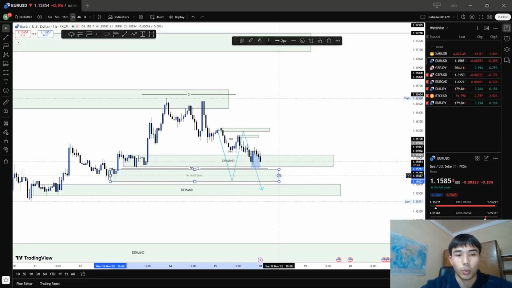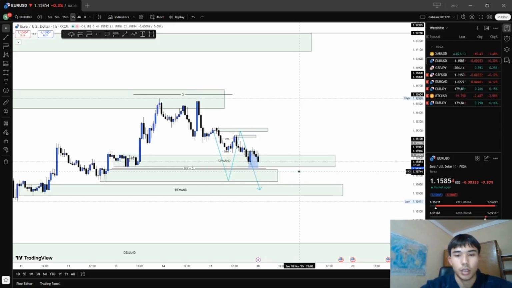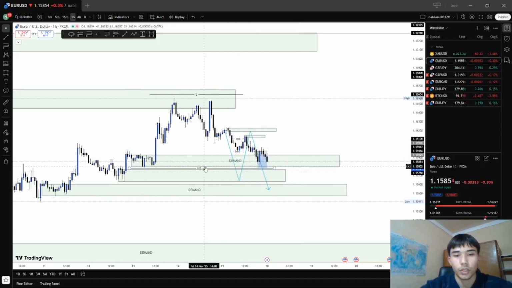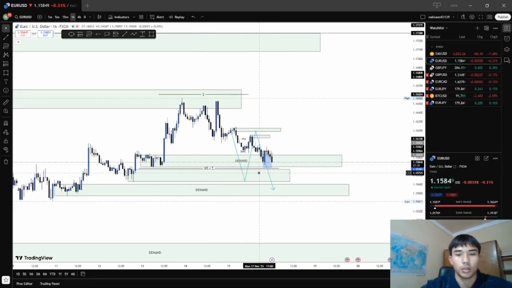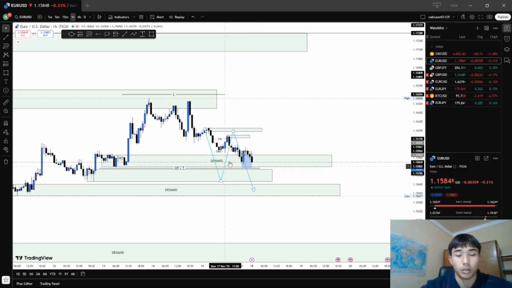Or if we didn't see any signs of liquidity sweep and the price just blasts through it, it's actually a market shift because they didn't show us any signs of liquidity sweep, as I mentioned.